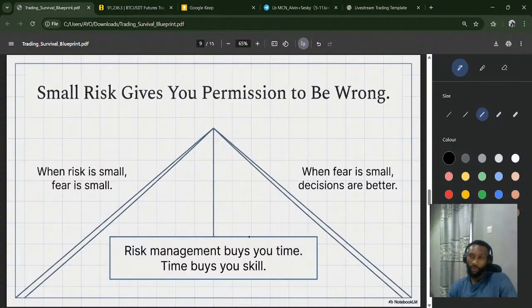When you risk small, the fear is small, and when the fear is small, the decisions are better. Risk management buys you time, and time buys you skill. I'll pause for a moment. Let that sink in.